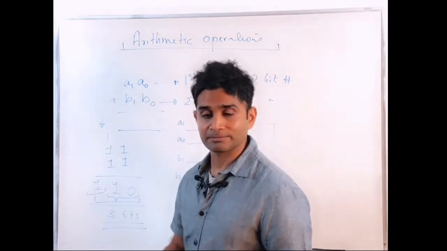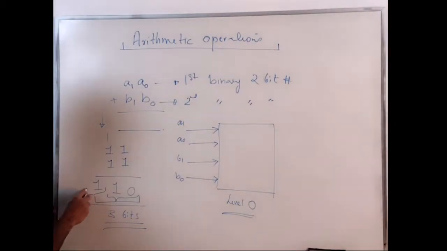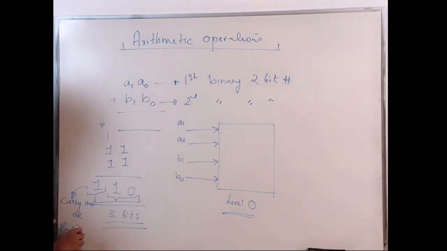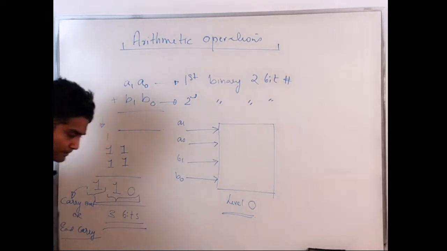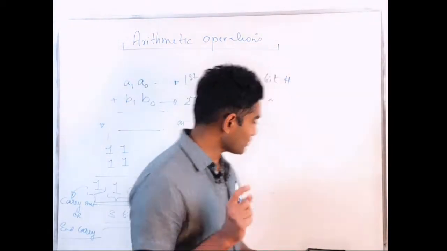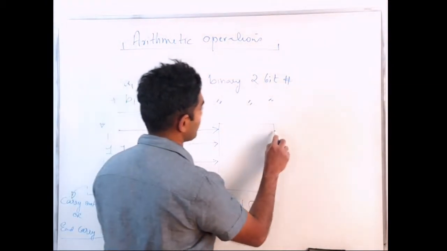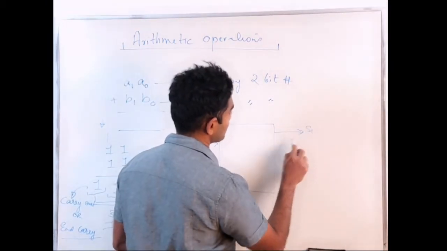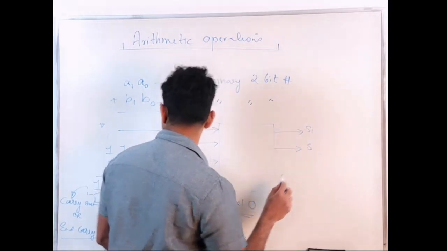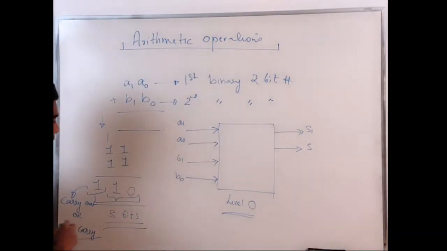Let me call that carry out, or I can also call that the end carry because that happens at the very end. Okay, so I have 3 bits. Call that S1, S0.